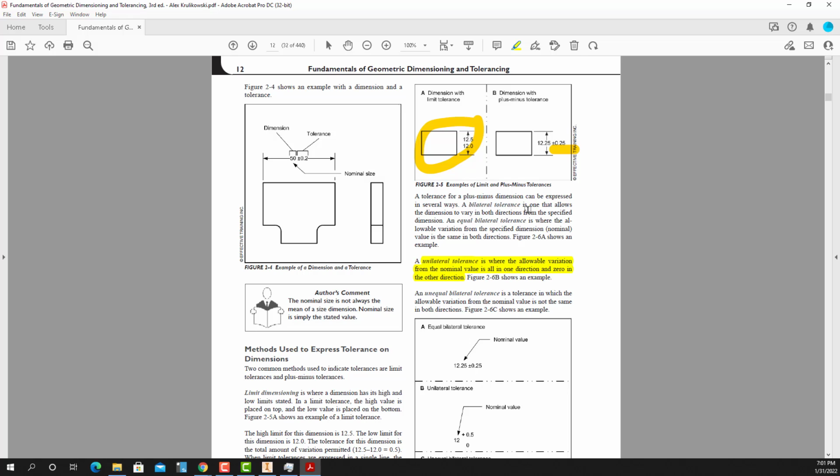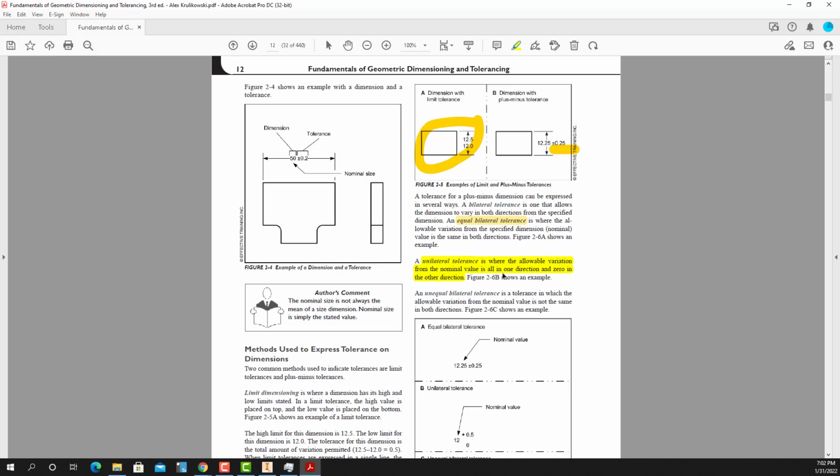This is an unequal bilateral tolerance. It's different in the high than the low, or the plus and the minus. An equal bilateral is the same above and below. A unilateral tolerance is the one that goes from 0. So like we saw that diameter of 2 millimeters plus 0.5 minus 0.